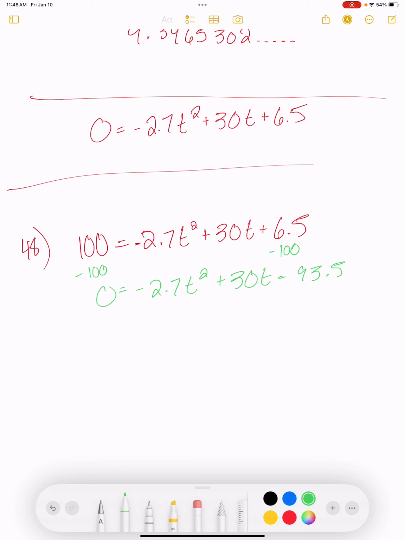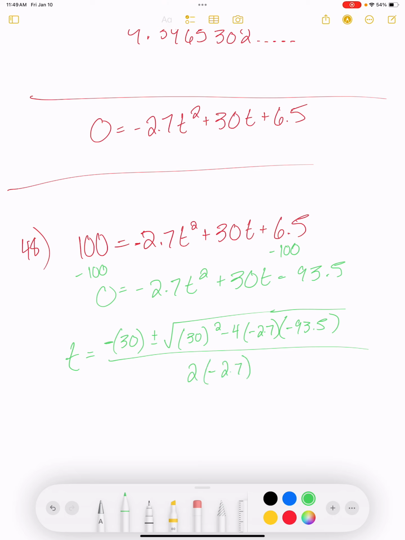So I'm going to write it out: my time is equal to negative b, so negative 30, in parentheses, plus or minus the square root of 30 squared minus 4 times a, which is negative 2.7, times c, which is negative 93.5, all over 2 times negative 2.7, right?